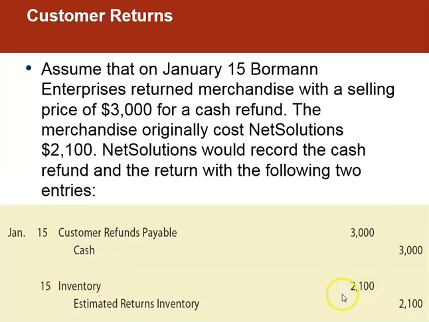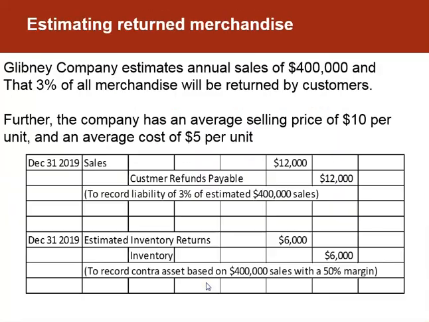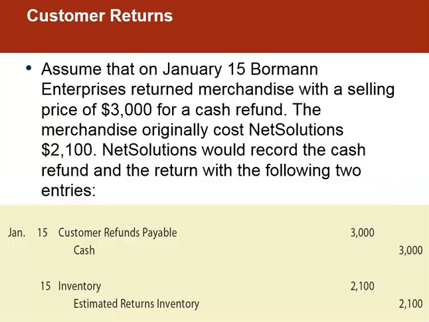And we are crediting estimated inventory returns. I want to go back real quick here. We set estimated inventory returns up with a debit. And now, as we have some returns, we are crediting estimated returns inventory.